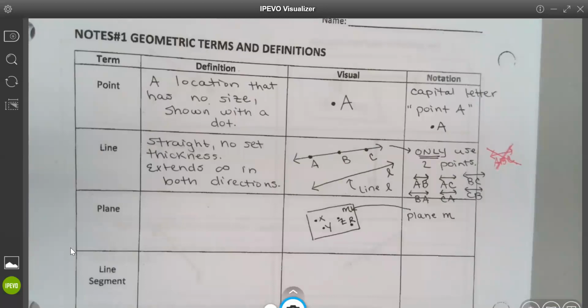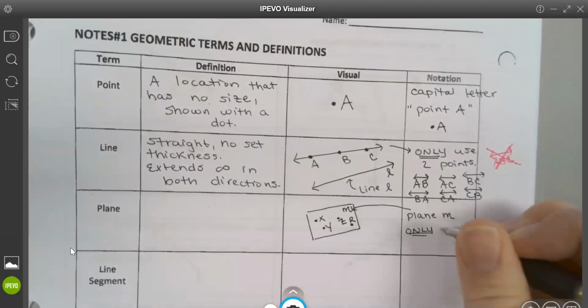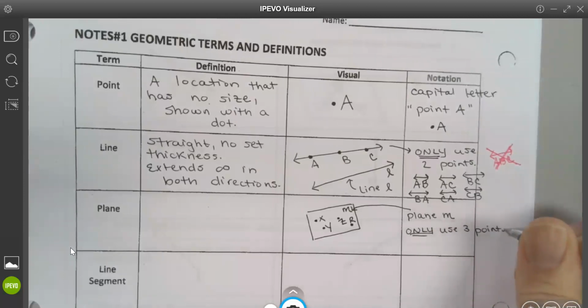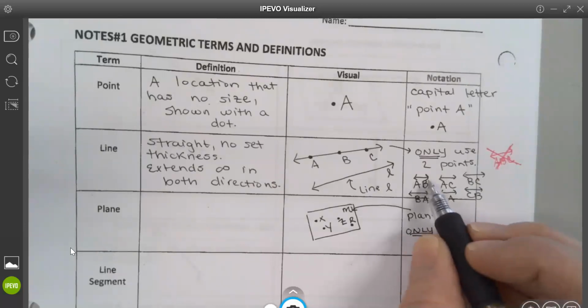When I label a plane, it's the same concept as a line. I only need 2 points to have a line through them. I only need 3 points to create a plane. So we only use 3 points. Along with that, we don't use 2 points, so we wouldn't call it plane XY. The only time we call it plane X is if X is a cursive letter in the corner like M is. We use 3 points, and there's no little notation for plane.